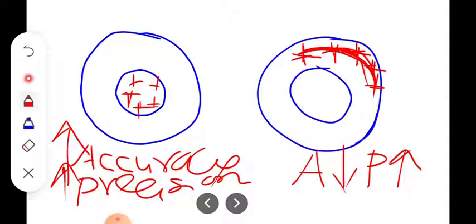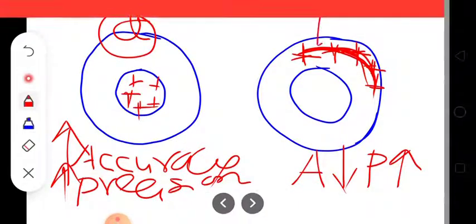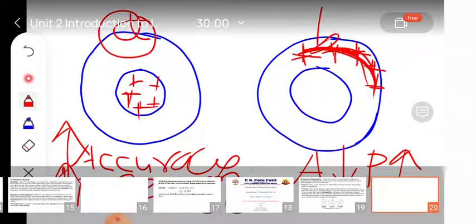And if he is able to target all the arrows in the bull's eye, in that case the accuracy as well as precision is higher, because the distance between each and every arrow in the first diagram is higher.